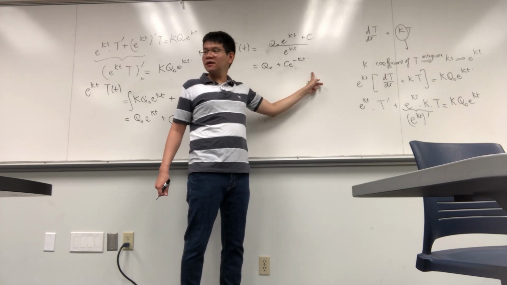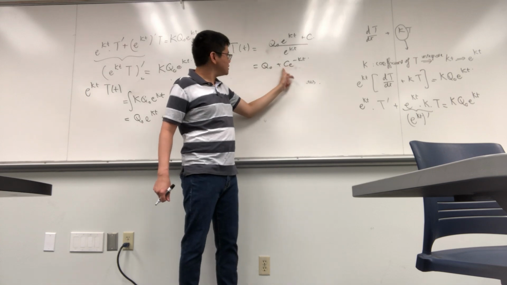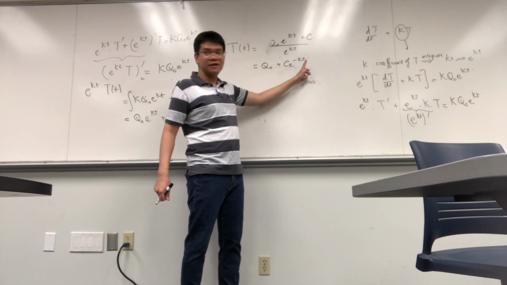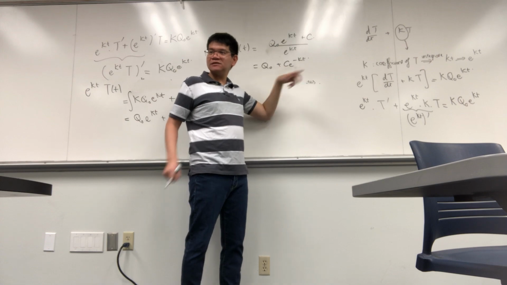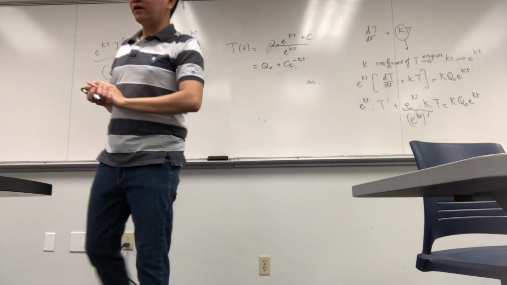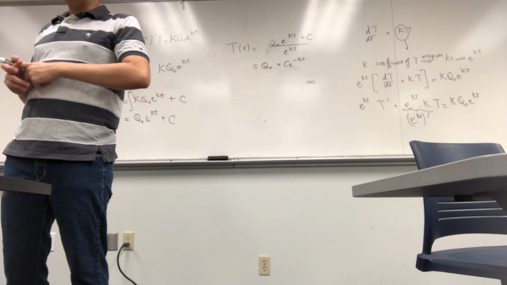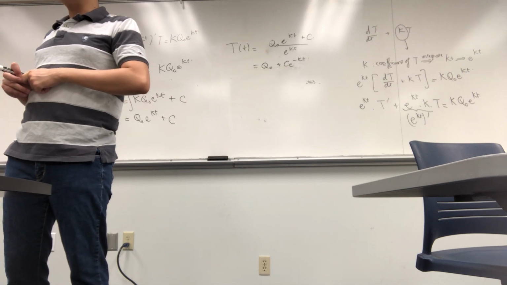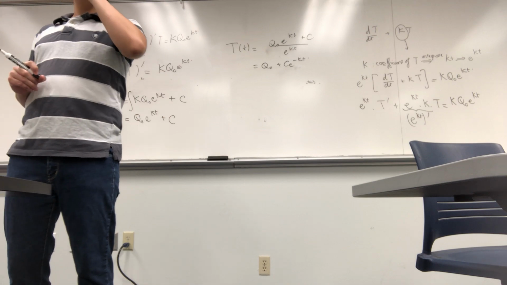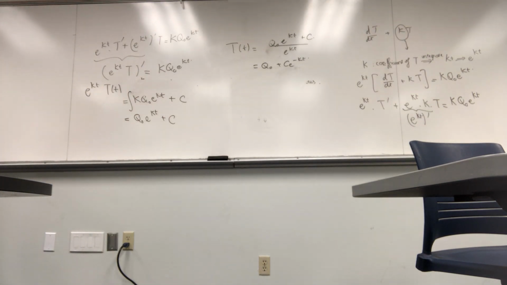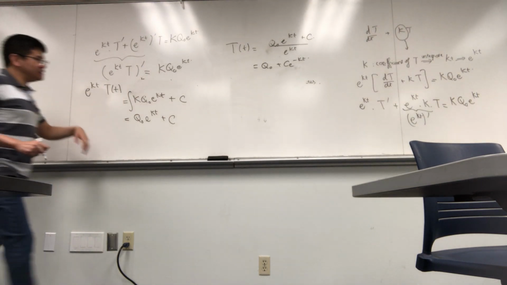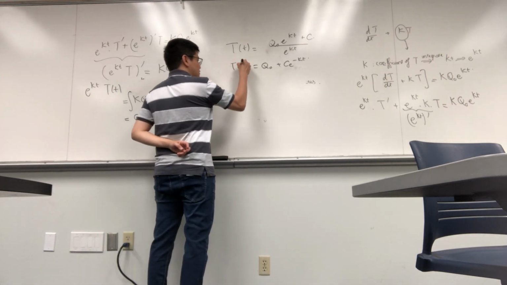Just include the value of e to the negative kt. So why do you write it? No, c is not included in e to the negative kt. C is a constant, right? So you put 2, 3, 4, 5, and k is a parameter that is given in advance. So this is not inside e to the minus kt. Any other questions? So this is basically the solution of the equation.